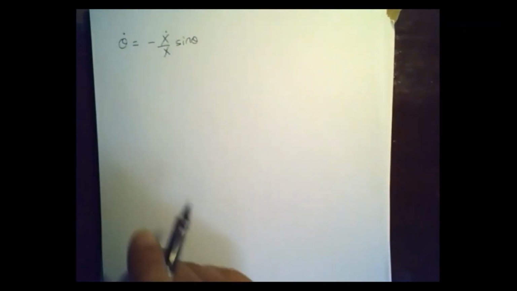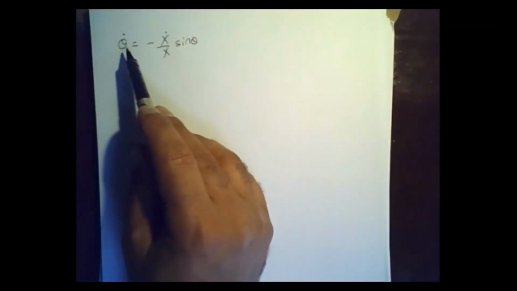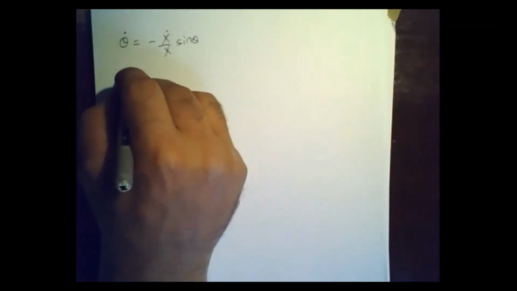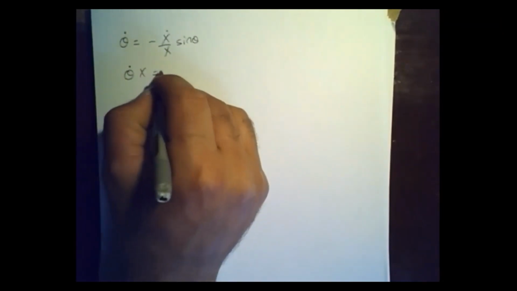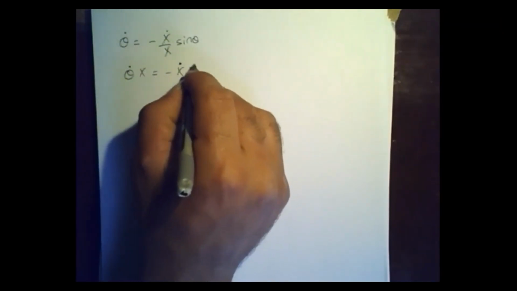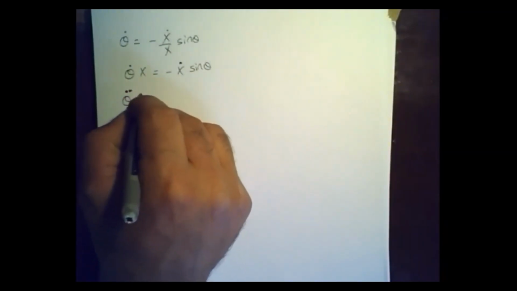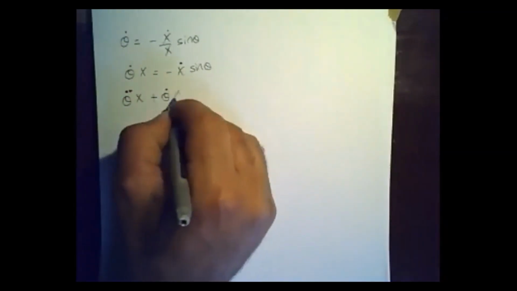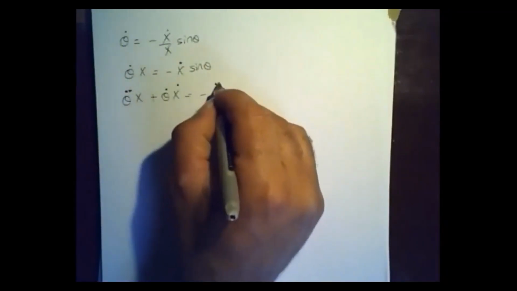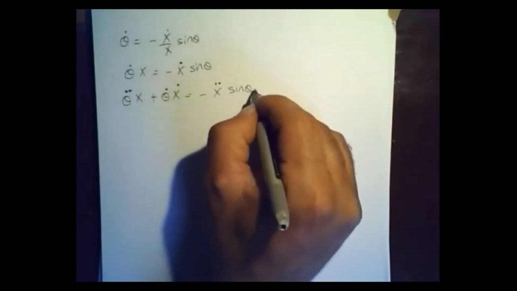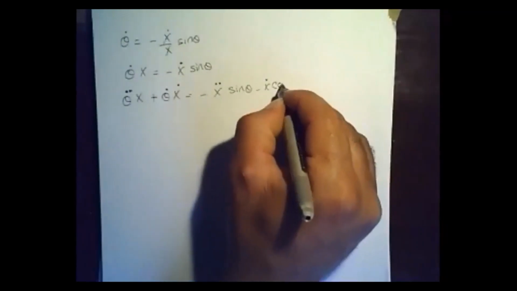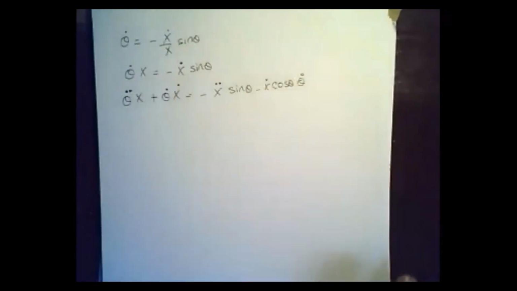So now if you want to get the angular acceleration of the bar, how do you get it? You want to differentiate this one more time, right? So we're going to end up with theta prime x equals minus x prime sine theta. Differentiate one more time: theta double dot times x plus theta prime x prime equals minus x double dot sine theta minus x prime cosine theta times theta prime.